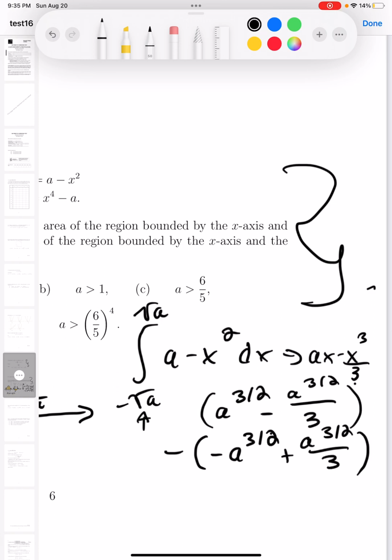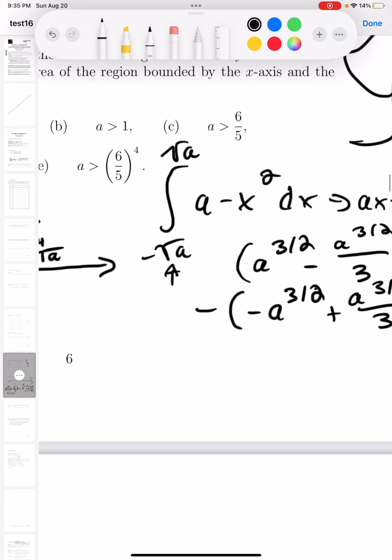So this is basically like 1 minus 1/3, and then minusing it is just adding 2/3 again. So it's basically 4/3 a to the 3 over 2.